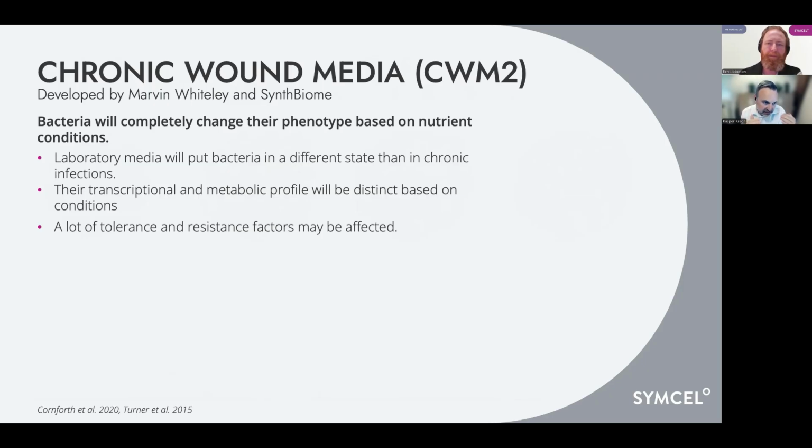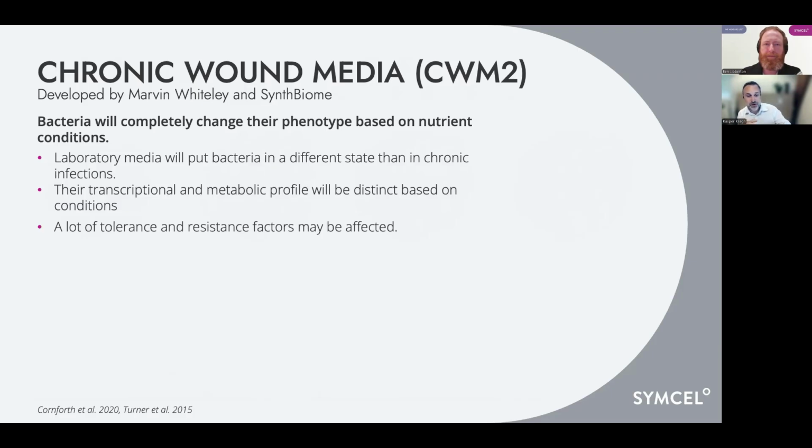If you put bacteria into a laboratory media, LB media, minimal media, Mueller-Hinton, the bacteria will be in a completely different state than they would be in a chronic infection. And this will be both transcriptionally very different and also metabolically very different than in the infection.